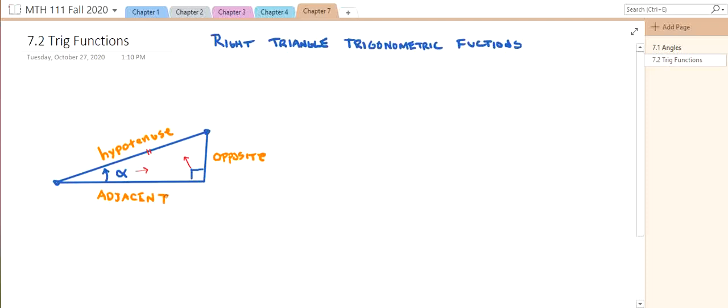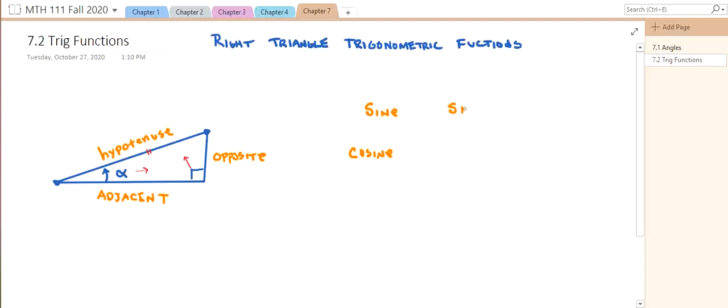So the reason we do this is because we're going to define a couple of functions here. We're going to define a function we call the sine, and a function we call the cosine to start with. So the sine is a function that uses this angle.